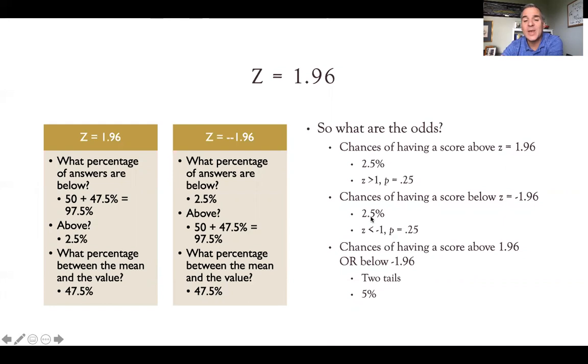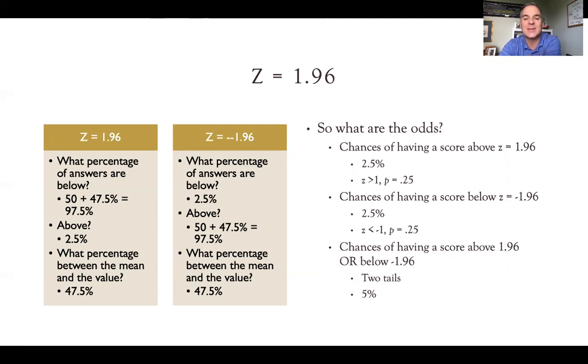So then we can add those together and ask, what are the chances of having a score either above 1.96 or below -1.96? So in those tails out to the Z equals 1.96 point, well, it's 5%. And this is what's really important, because oftentimes in psychology, we use this 5% as our threshold amount.